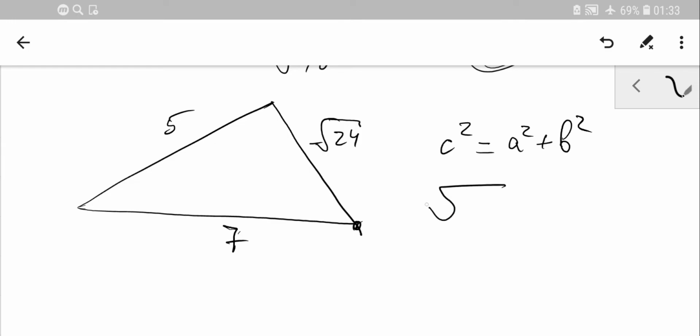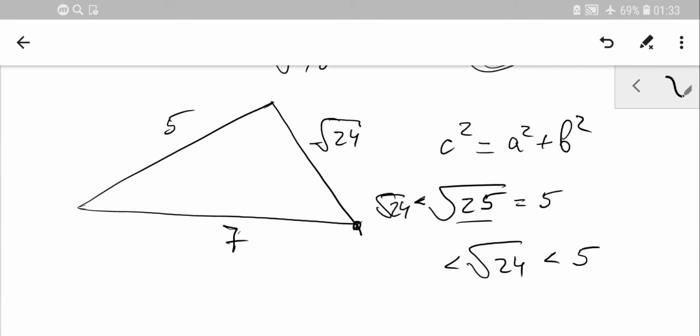In this case, if you don't have any calculator, you need to say that the square root of 24 is a bit less than the square root of a square number. The closest square number is 25, so which is 5. So you can say that the upper bound for your square root of 24 is 5, and the lower bound, if you estimate the nearest square value, is the square root of 16, right?